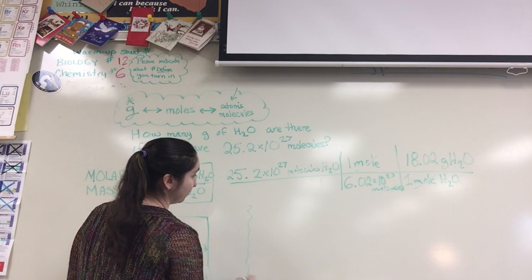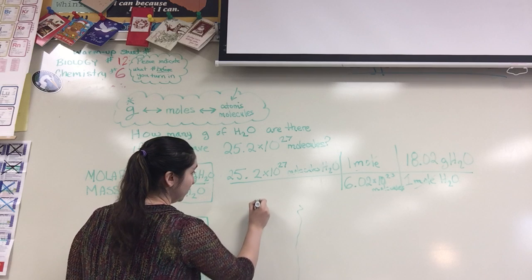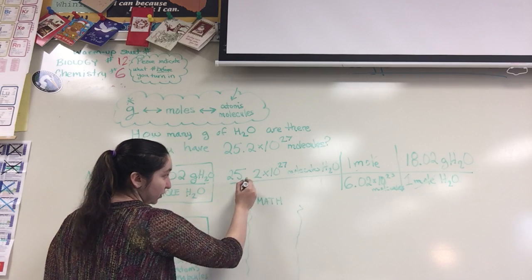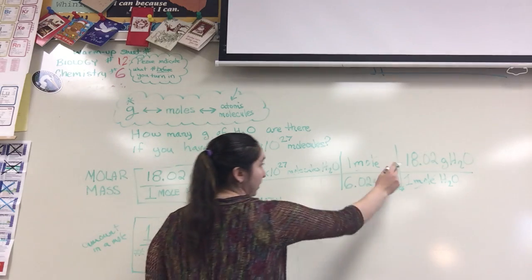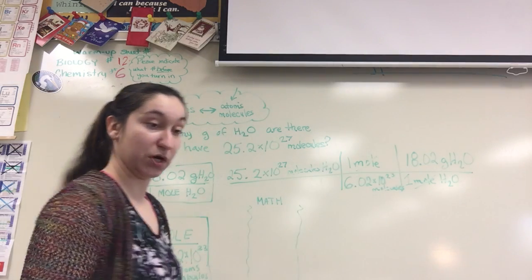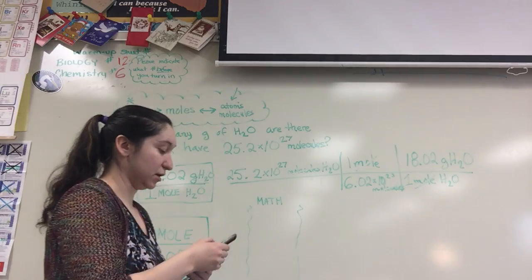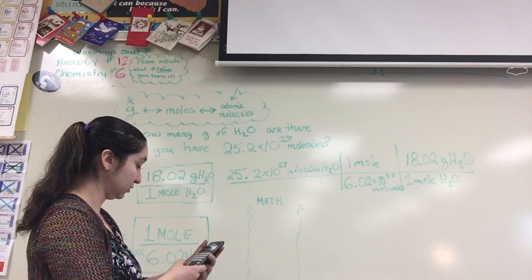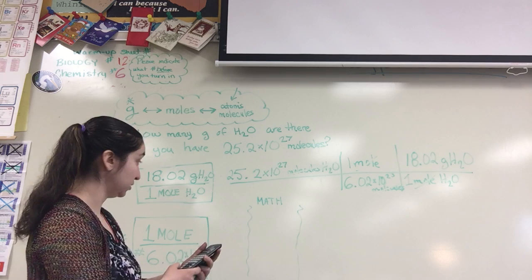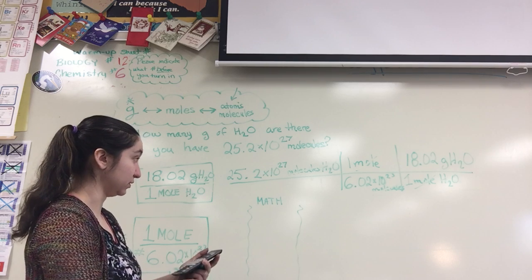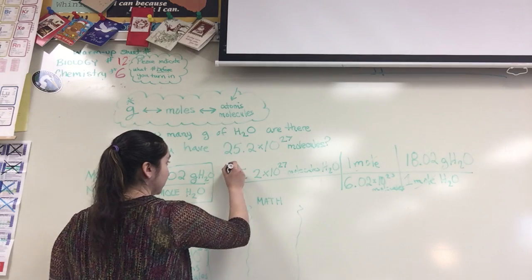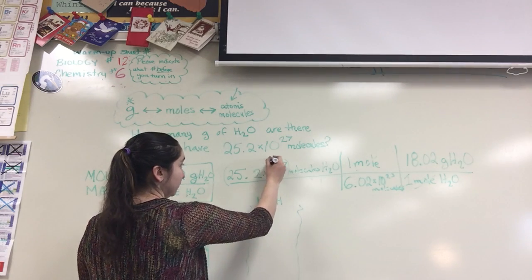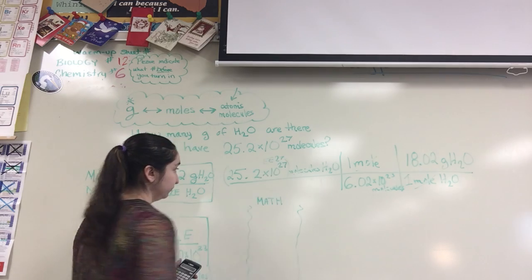I'm going to do my math step right here so you can know what I'm actually putting in that calculator. We multiply across: 25.2 times 1 times 18.02. So you have to have your calculator handy. I'm going to put parentheses. Now remember, when you put this in your calculator, I'm literally going to use the EE button for this part, E27.